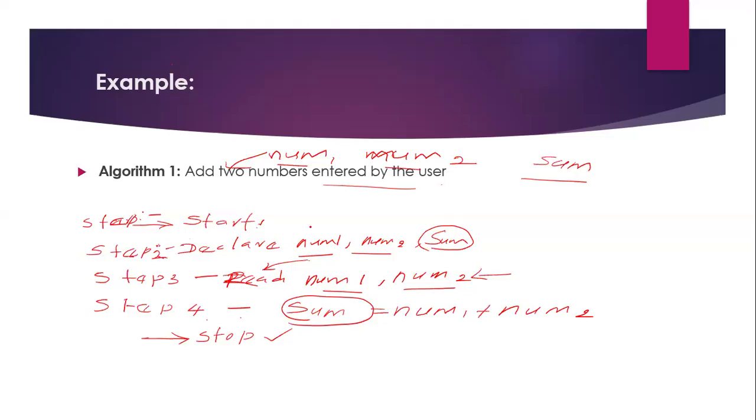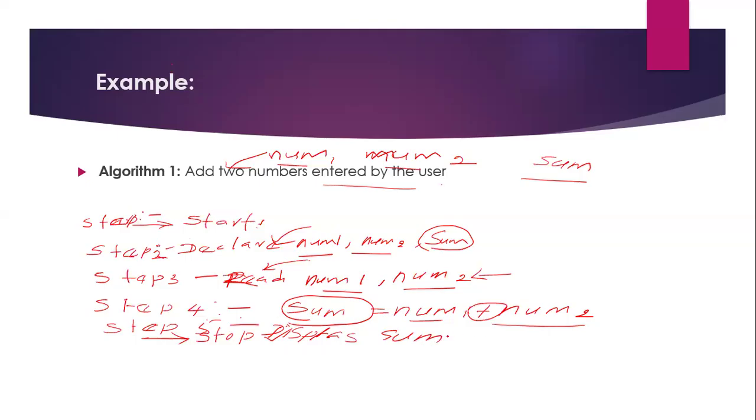This is a predefined variable; we have already defined it. So now we assume that number 1 plus number 2 is equal to sum. This is step 4. Now we have found a solution. Finally, we have to show this solution, so we display this summation.